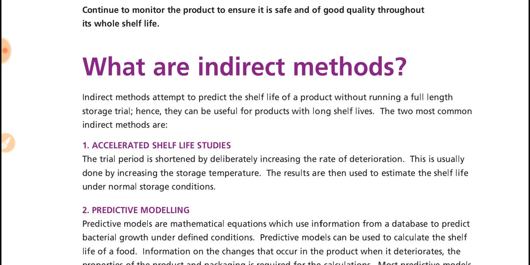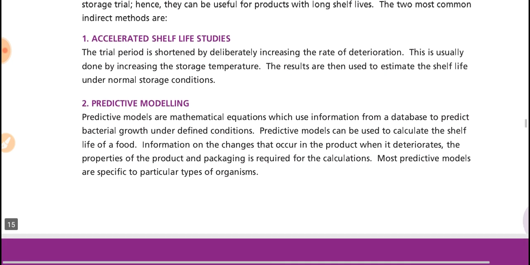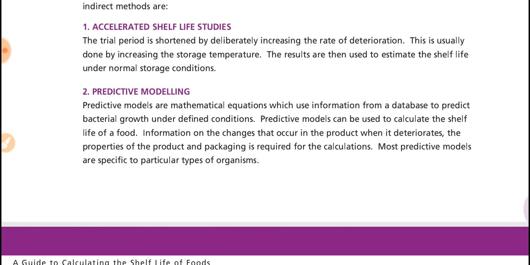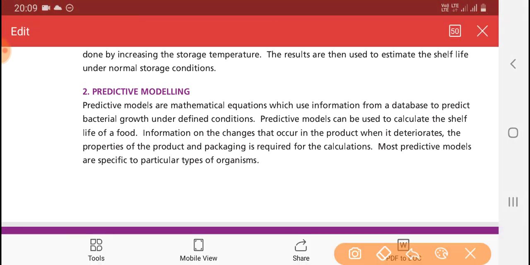And one more is predictive modeling. Predictive models are mathematical equations which use information from a database to predict bacterial growth under defined conditions. Predictive models can be used to calculate the shelf life of a food. Information on the changes that occur in the product when it deteriorates, and the properties of the product and packaging, is required for the calculations.